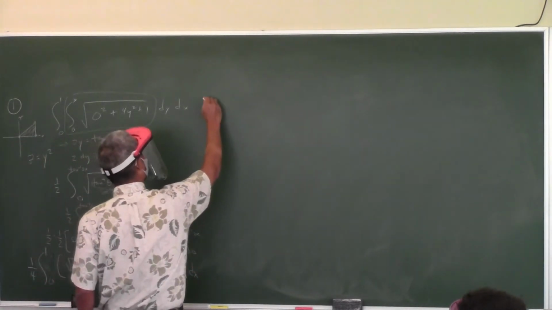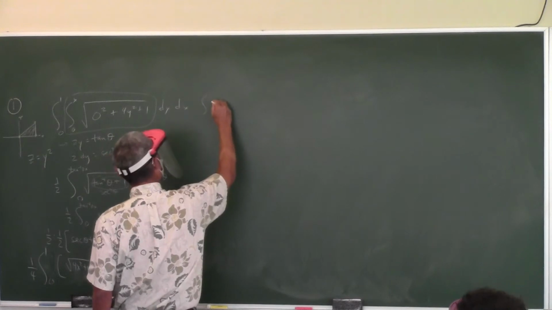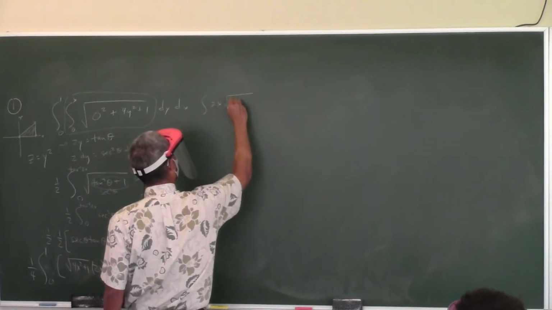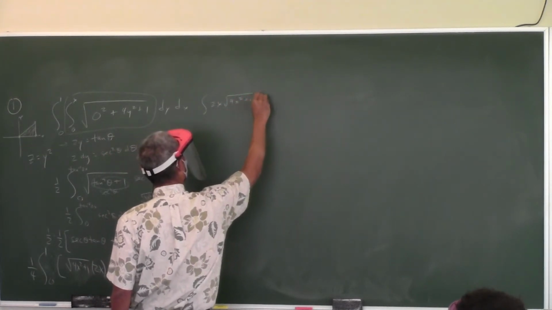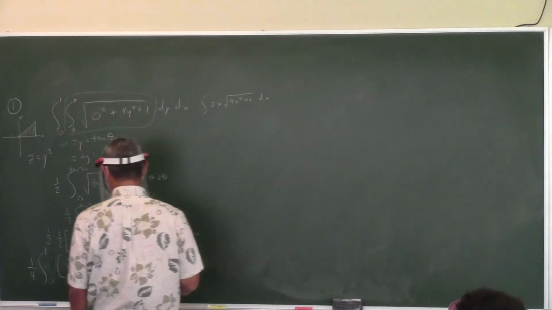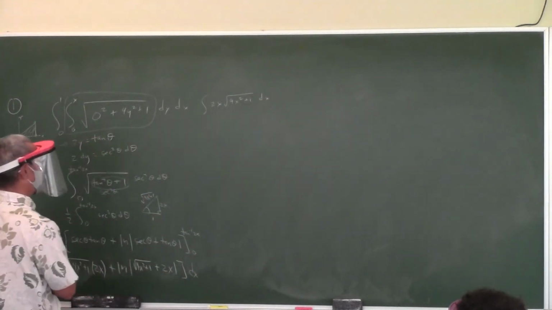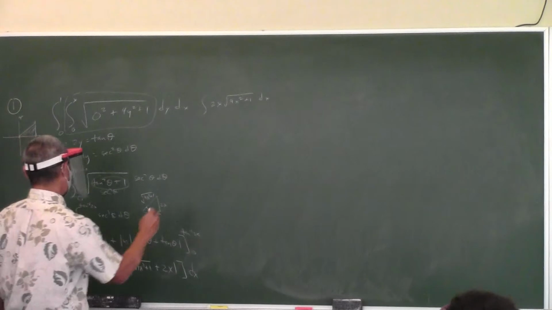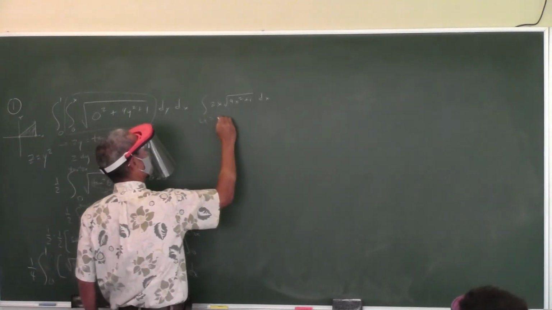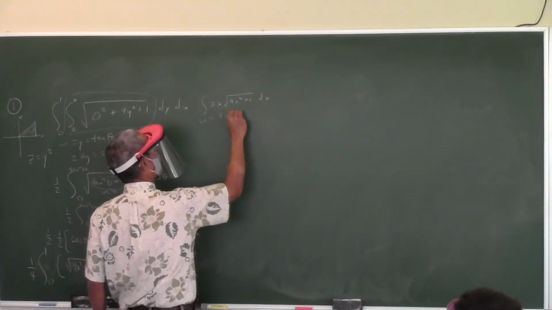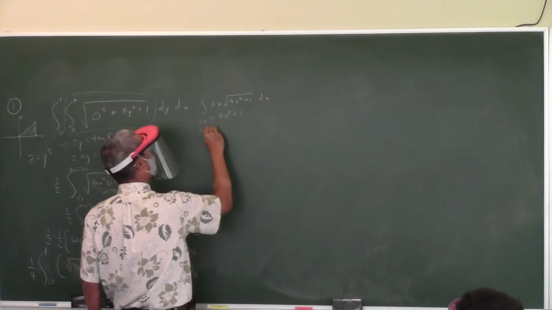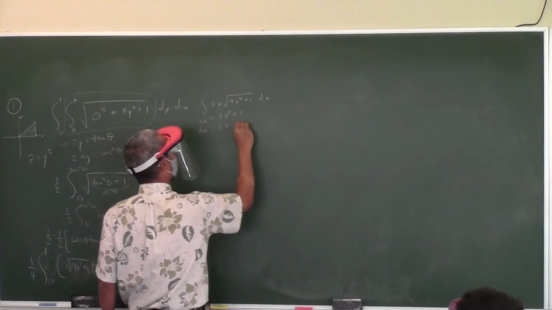What is the antiderivative of 2x root 4x squared plus 1 dx? What technique should I use here? U substitution, so u equals 4x squared plus 1, du equals 8x dx.